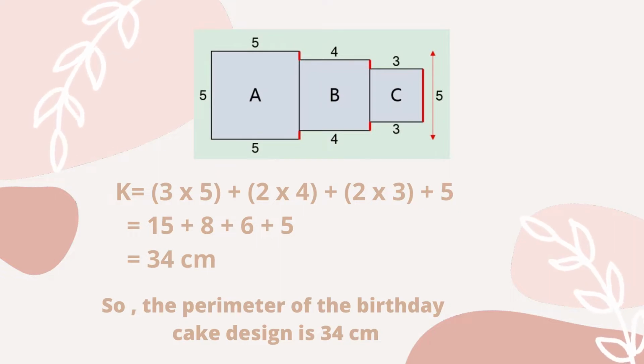So the perimeter of the design is 5 plus 5 plus 5, or 3 times 5, plus 4 plus 4, or 2 times 4, plus 3 plus 3, or 2 times 3, plus 5. 3 times 5 is 15, plus 2 times 4 is 8, plus 2 times 3 is 6, and plus 5. So the result is 34 centimeters. So the perimeter of the birthday cake design is 34 centimeters.